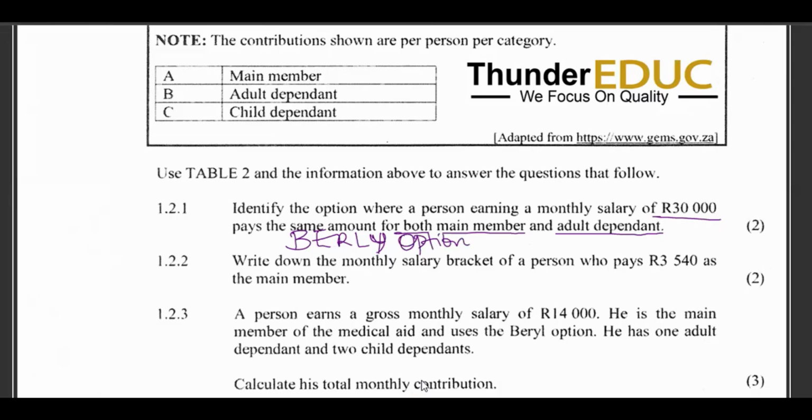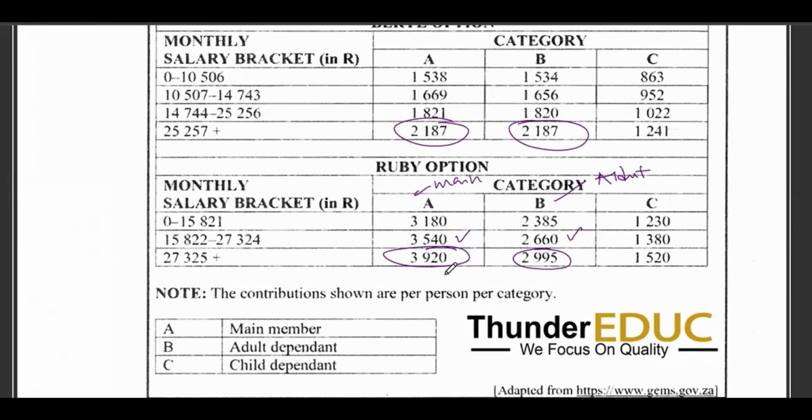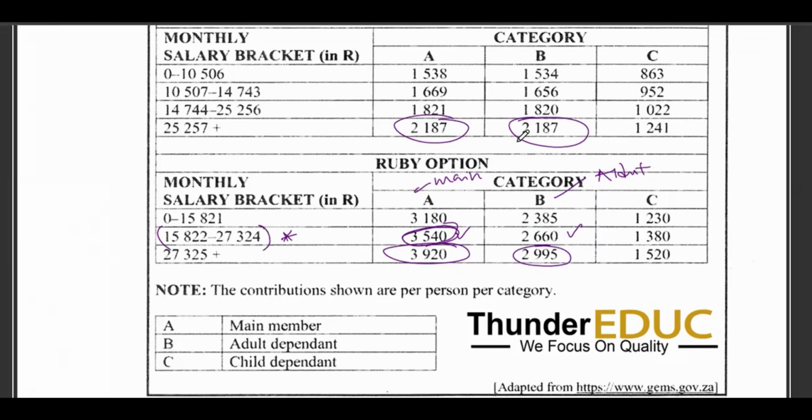Option 1. Okay, write down the monthly salary bracket for a person who pays 3,540 as the main member. So we are looking for 3,540. Here we are as a main member. They're telling us the bracket, so you're going to write this much.